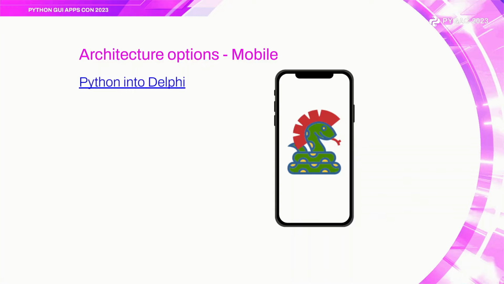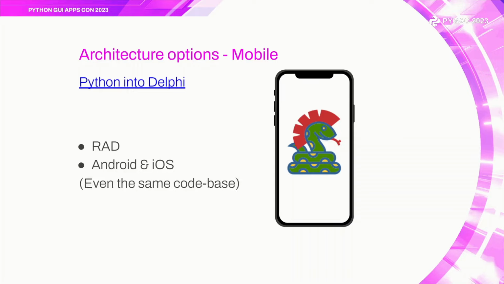So for these and other reasons, I recommend you use Delphi with Python for mobile, and I will show you an example also. Right? It can run both Android and iOS, and we can even use the same code base.